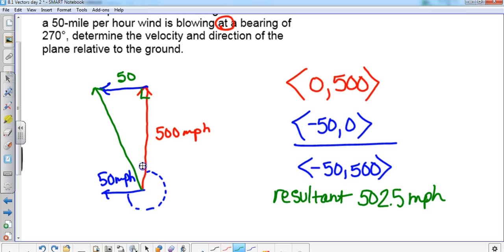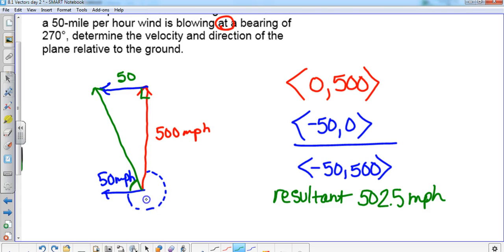So we need to find an angle in this picture. Which angle should we find? We can do law of sines. We can do inverse tangent. If we do inverse tangent, it's actually going to find us this angle in here, which is okay, if they don't specify how we have to state the bearing direction.